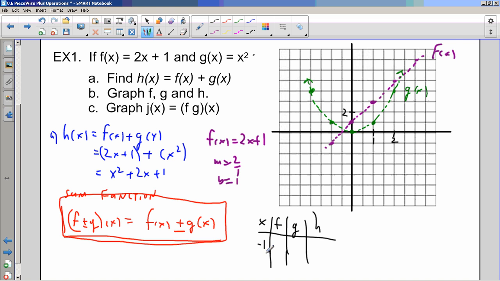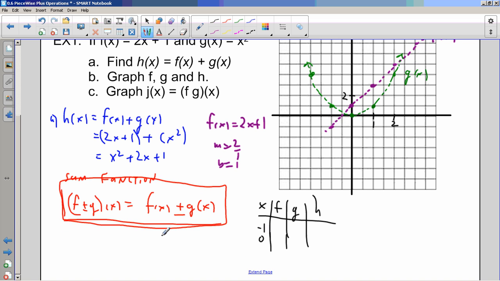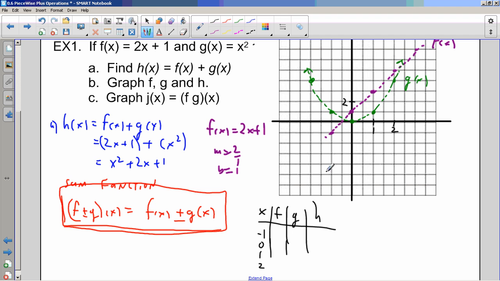For x is minus 1, 0, 1, and 2 maybe. What are my f values? Well, these are all the purple values, and I could calculate them, I suppose, but I'm just going to read them right off the graph. Negative 1, it's negative 1, then 1, 3, and 5.